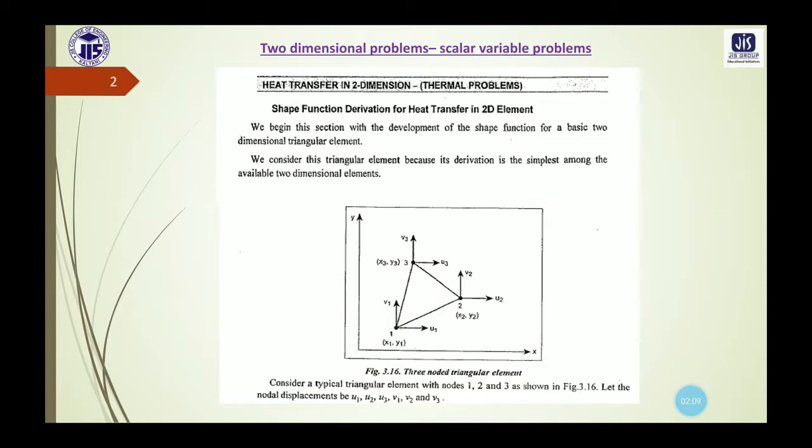So the first topic that we will discuss is heat transfer in two dimensions, which is the thermal problem. First we will see the shape function derivation for heat transfer in a 2D element.